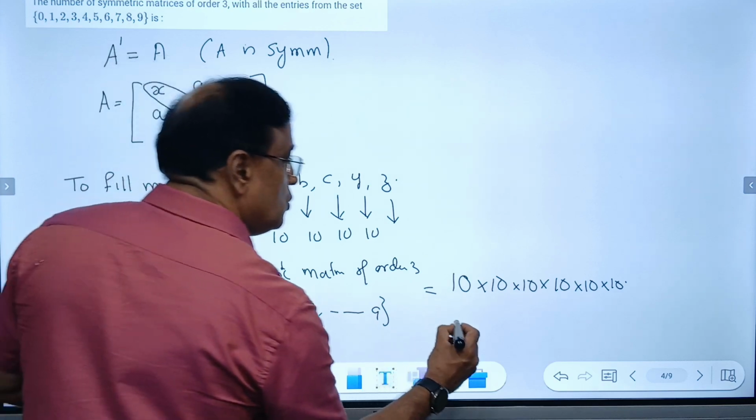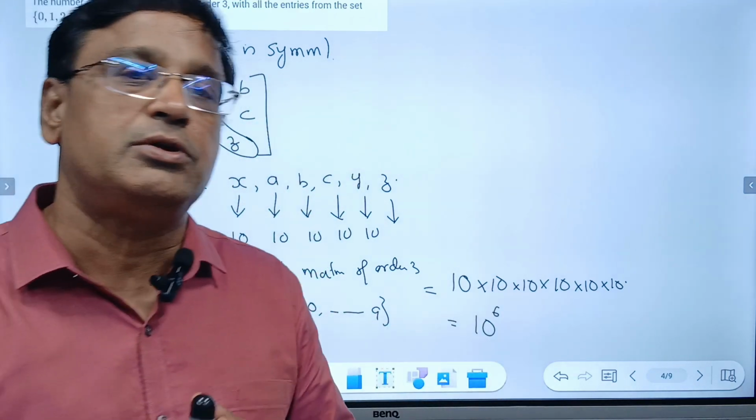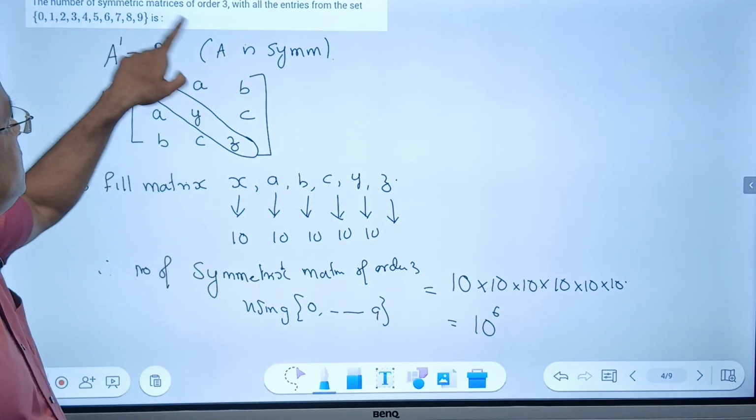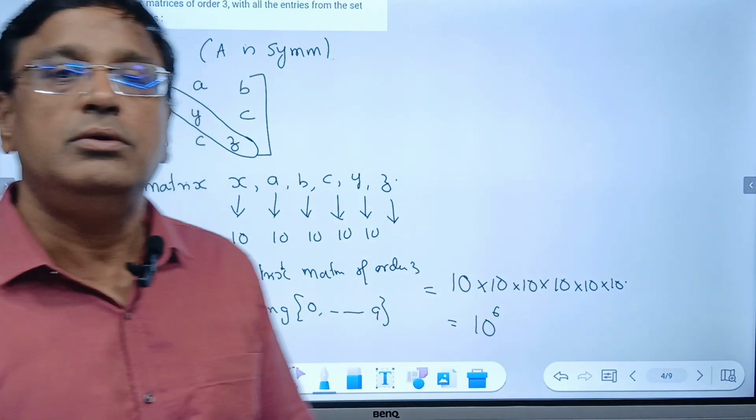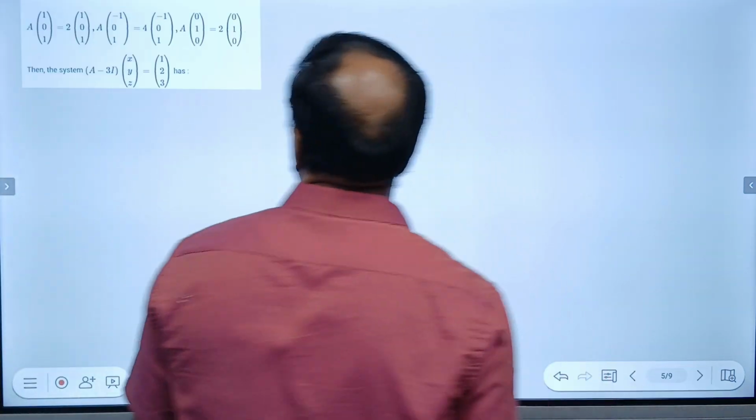So there will be totally 10 power 6 symmetric matrices of order 3 by 3 using the elements 0 to 9. Nice problem, isn't it? Let's go to the next question.